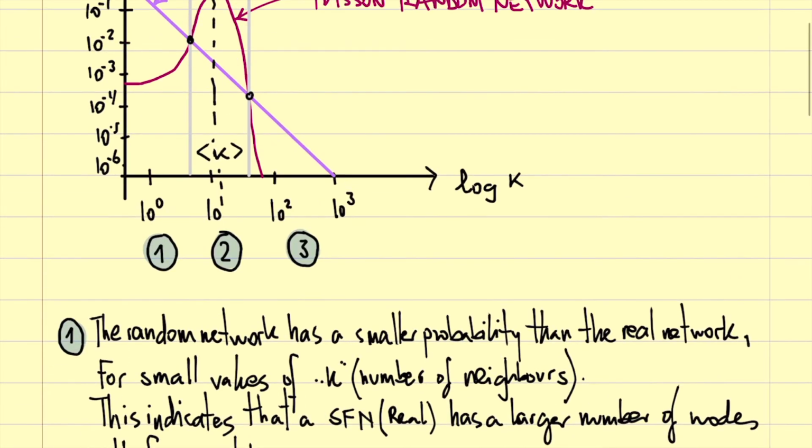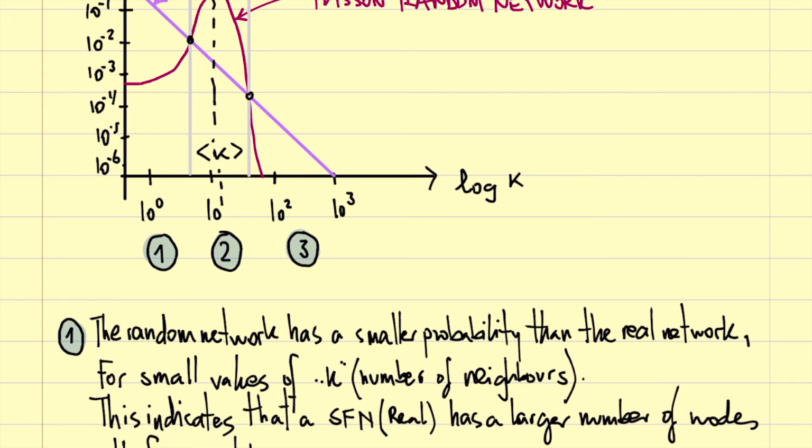So here, because the number of neighbors is very high, the probability of finding nodes with a lot of neighbors is higher in the scale-free network, in the real network, than in the Poisson network.